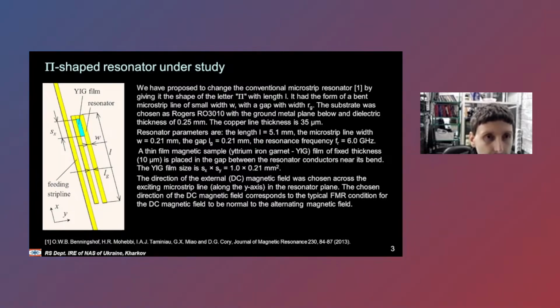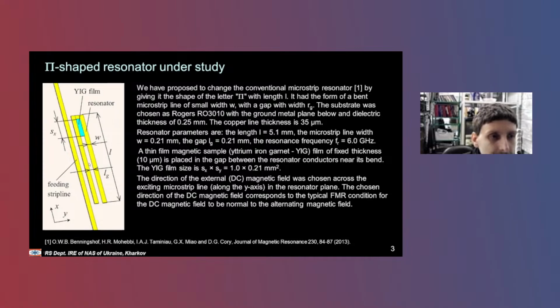To solve this problem, we proposed to change the conventional microstrip resonator by giving it the shape of the letter P. The feeding microstrip line and the resonator are made of microstrip line of small width, with a small gap between these parts of the resonator.